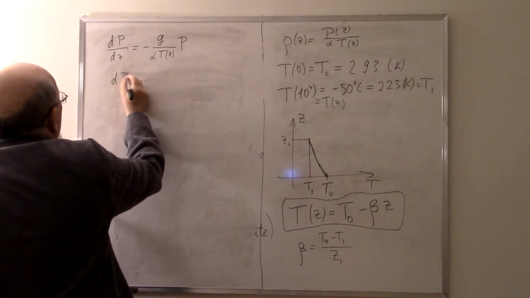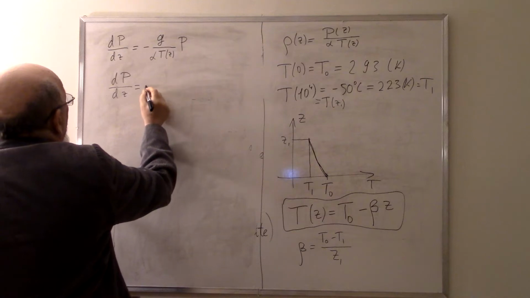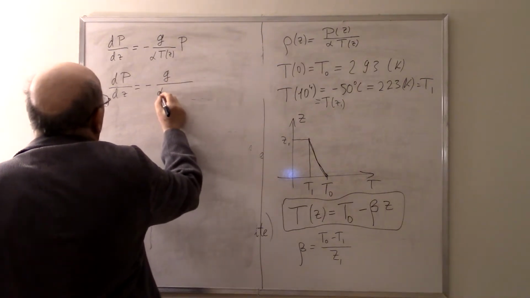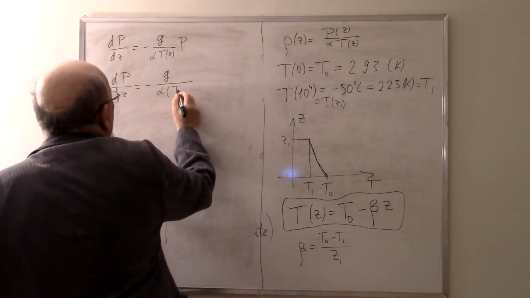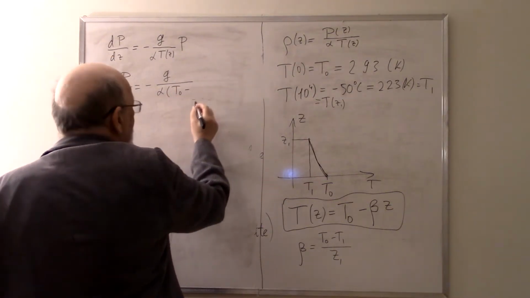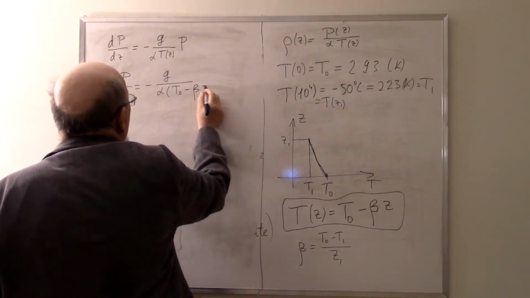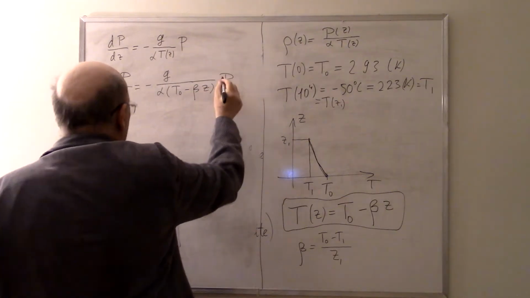So dP dz equals minus G divided by alpha, T0 minus beta Z, times P.